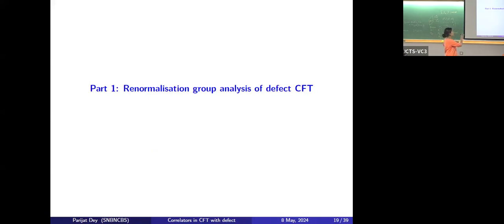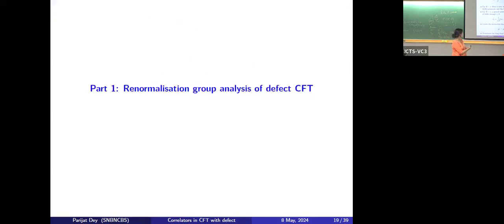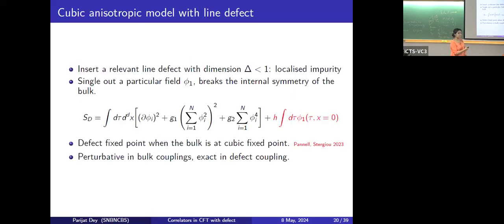So we have this cubic symmetry structure, and now we'll add a line defect. So now we will sit at the cubic fixed point, that is the bulk fixed point that is fixed forever. And now we see how the line defect takes us from one fixed point to another.